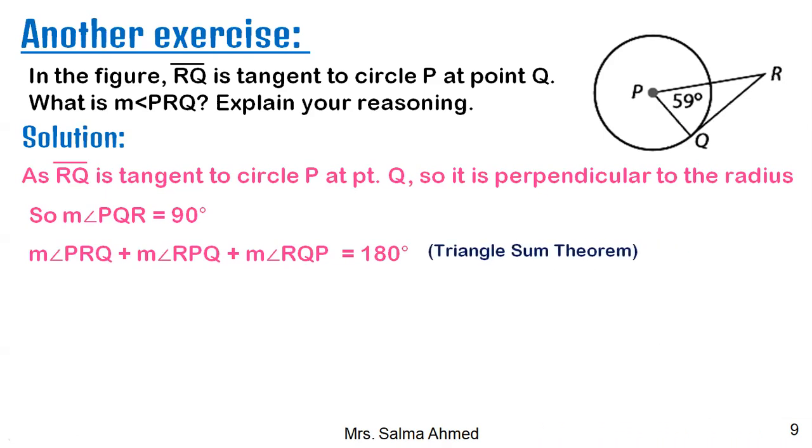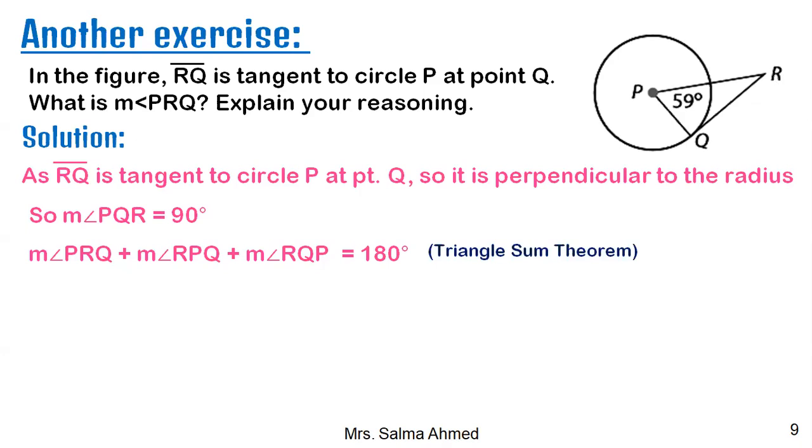Okay, from the triangle sum theorem, any three angles inside our triangle equal 180. So if I add these three angles inside the triangle, it equals 180. So measure of angle P plus measure of angle Q plus measure of angle R equals 180.